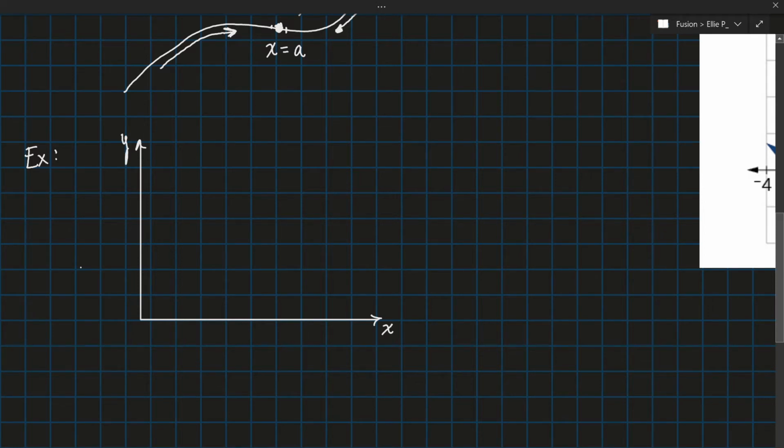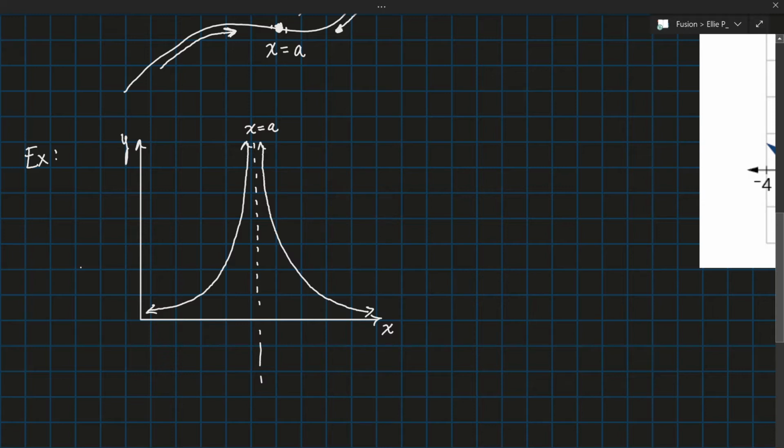So let's say we had a function that had this strange kind of behavior where it approaches this asymptote on either side, like that. And let's say this point here is x equals A, where the asymptote lies. All right?